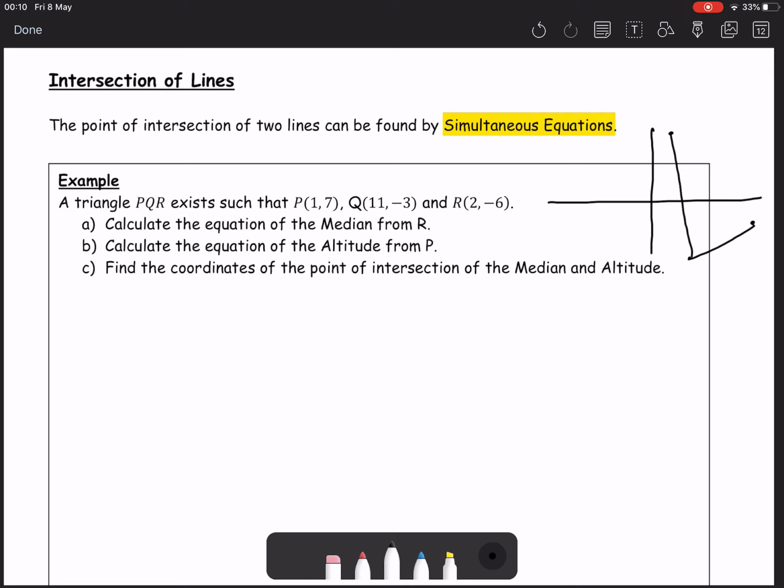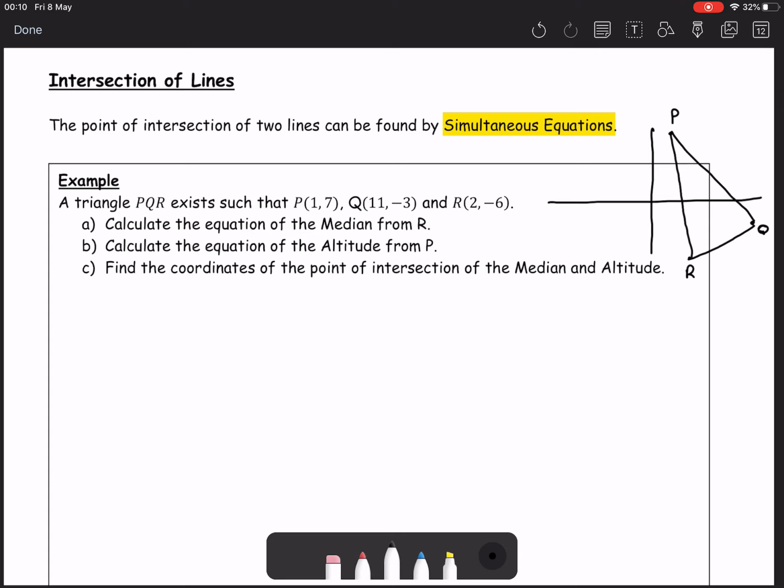Hopefully the rough sketch will give us a wee helping hand. So we have P, it's (1, 7), Q is (11, -3), and R is (2, -6).